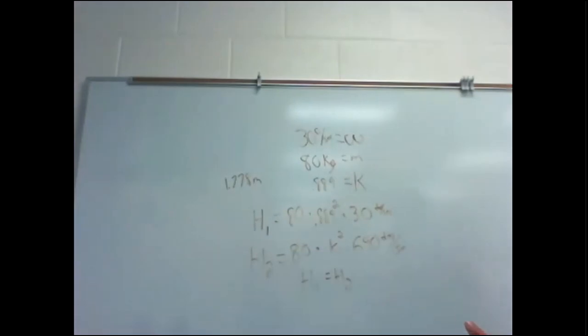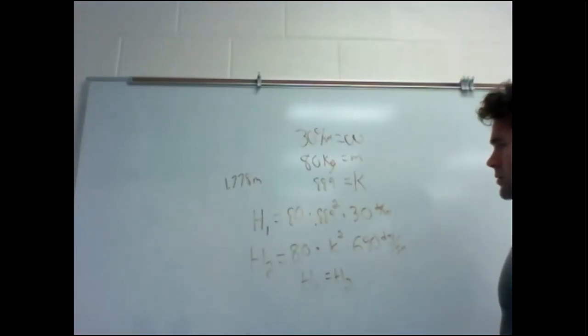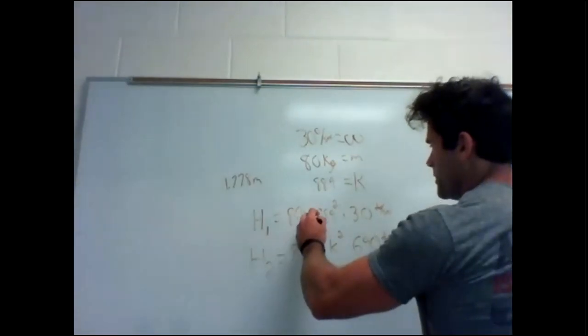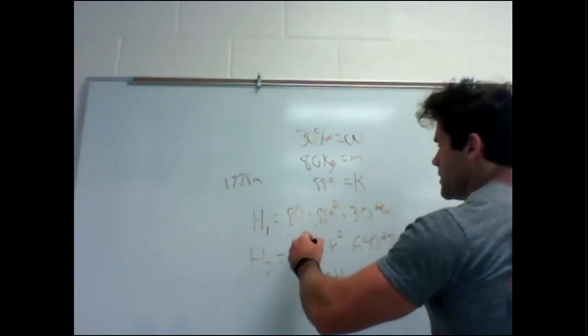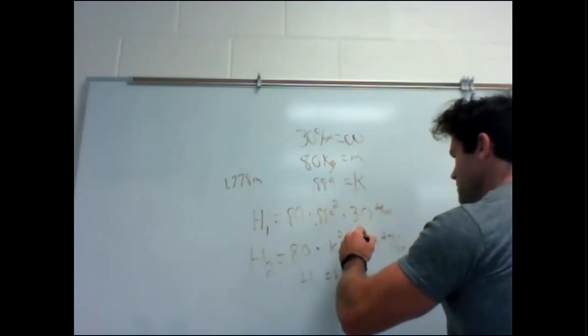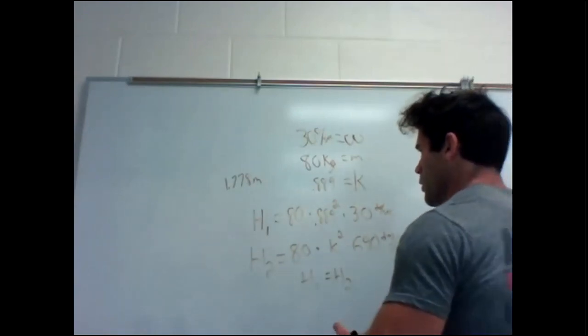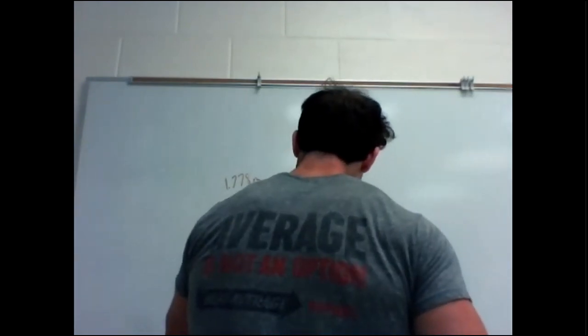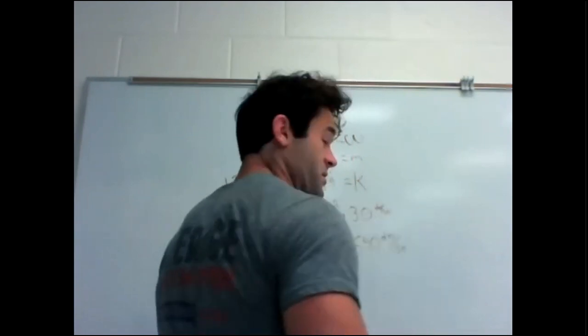Okay. So H1 equals H2. So effectively, we could write it out as 80 times 0.889 squared times 30 equals 80 times K2 squared times 690. So if we're looking at it like that, we're going to have 80 on both sides. We can just get rid of those.